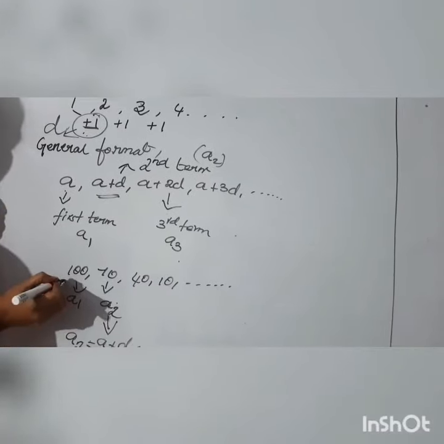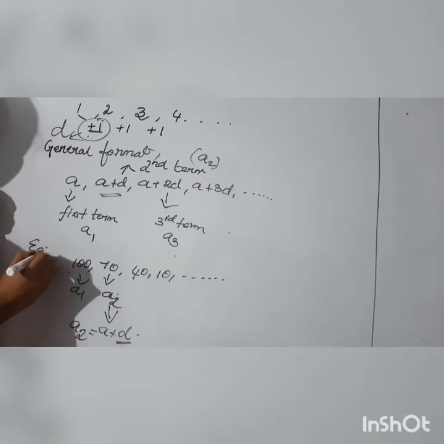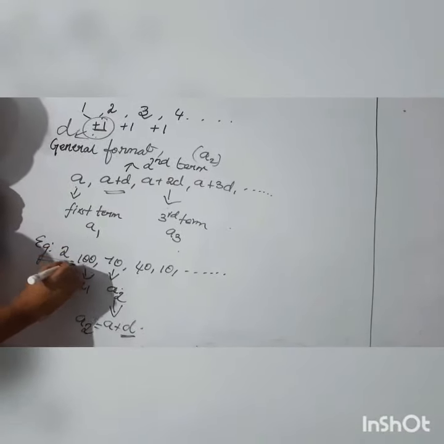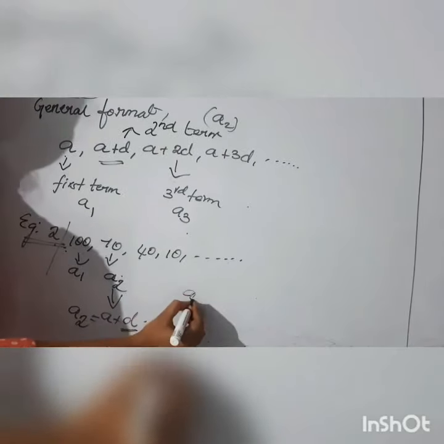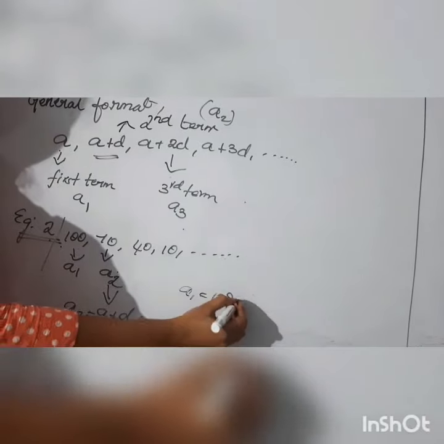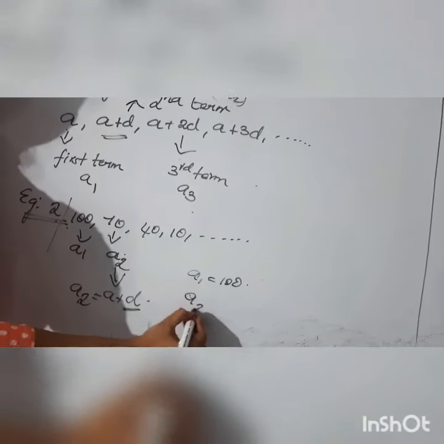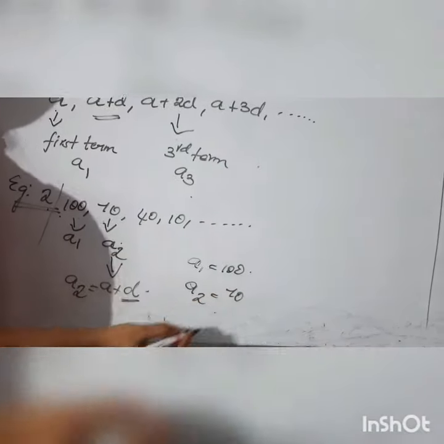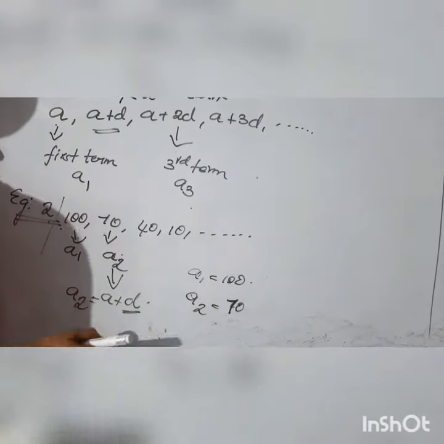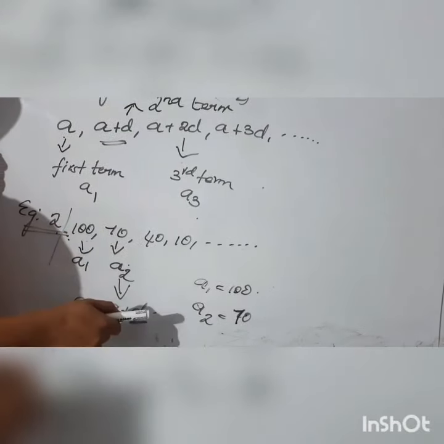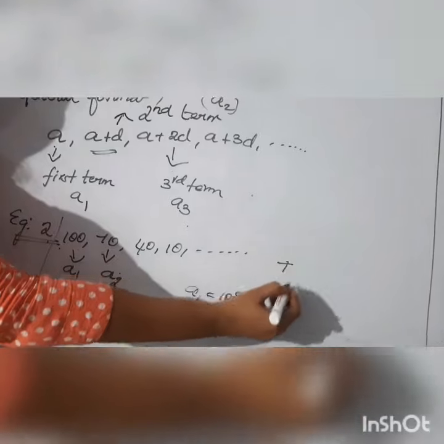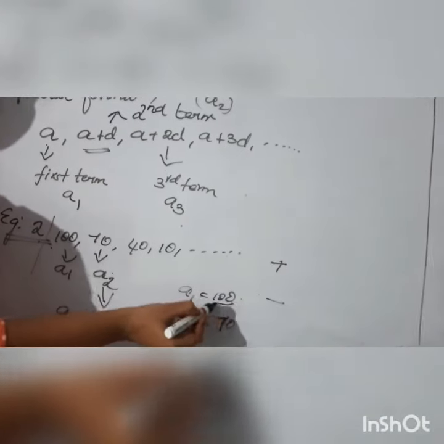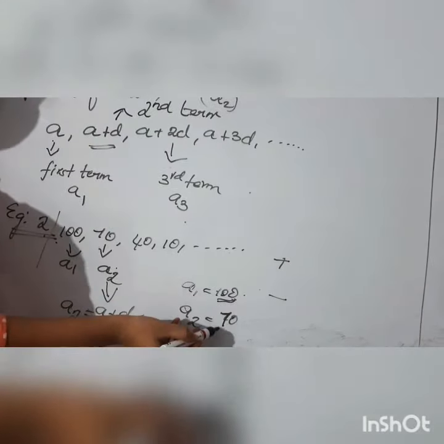Now let us find out the D for your second example. What may be the D here? Let us find it out. What is A1 here? That is 100. What is A2 here? That is 70. You need to execute either the arithmetic operation addition or subtraction on the first term to get your second term.